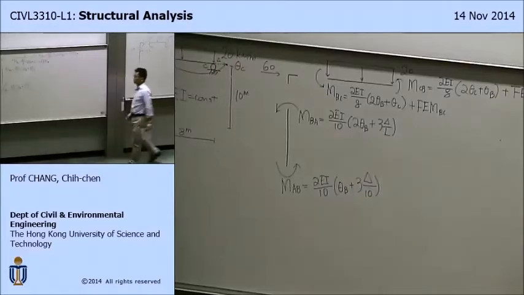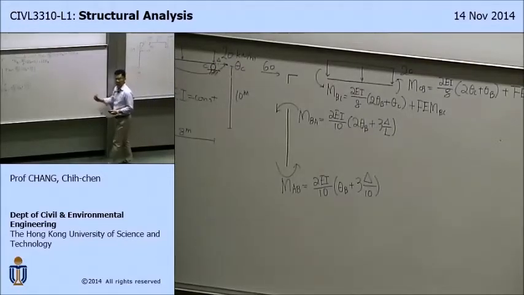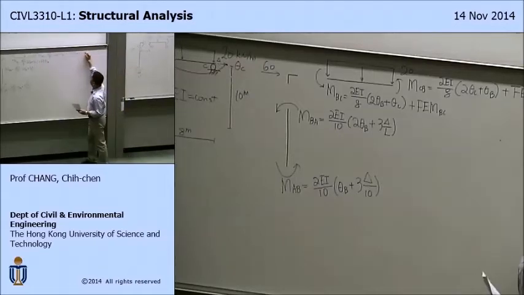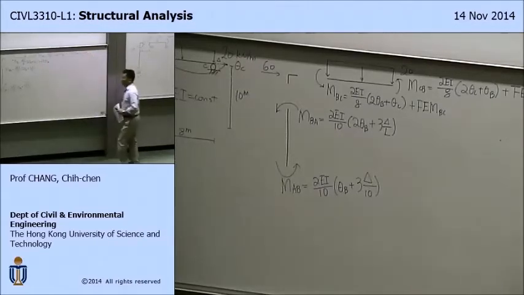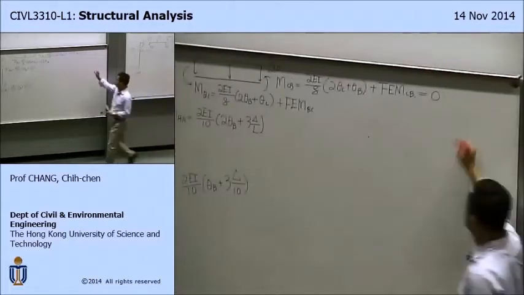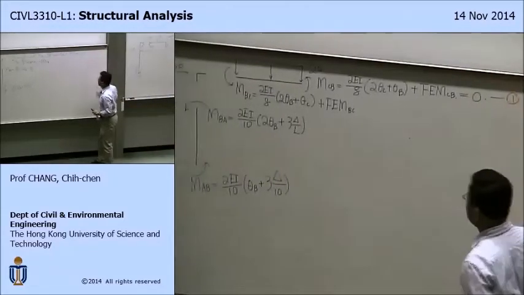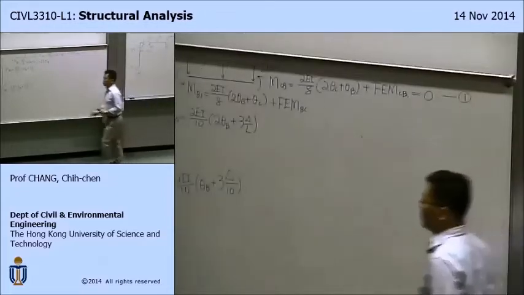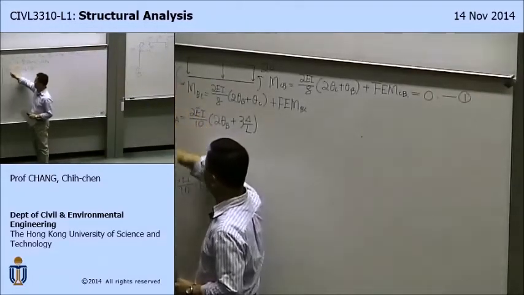Okay. So apparently we have 3 unknowns. We need to come up with 3 equations. The first equation comes up very quickly: MCB equal to 0. The second equation is a joint equilibrium here and here.